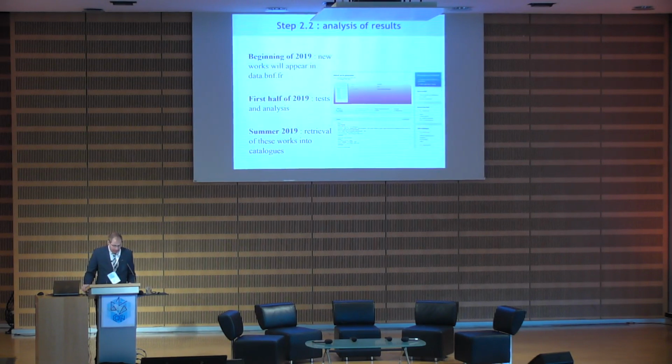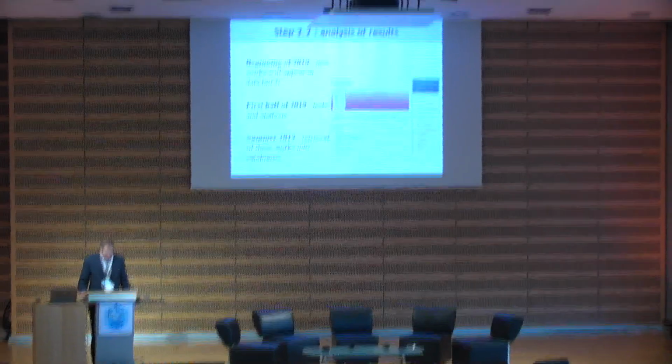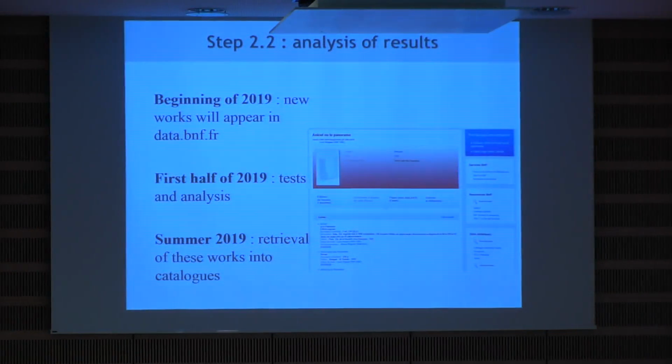So in the beginning of the next year, we will be able to see new pages for works with a red banner, as it is here, for these new works. And we are expecting to have more than 1 million new works.